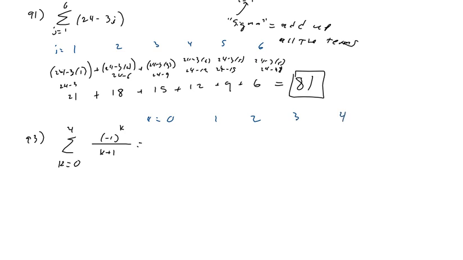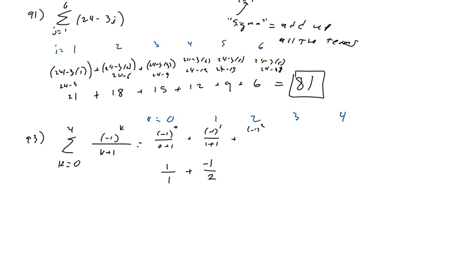So let's see, we have negative 1 to the 0 power over 0 plus 1. Well, negative 1 to the 0 power is 1. 0 plus 1 is 1, so that first term is a 1 over 1. And then same thing here, negative 1 to the power of 1 over 1 plus 1. Negative 1 to the power of 1 is negative 1, so it's negative 1 over 2.